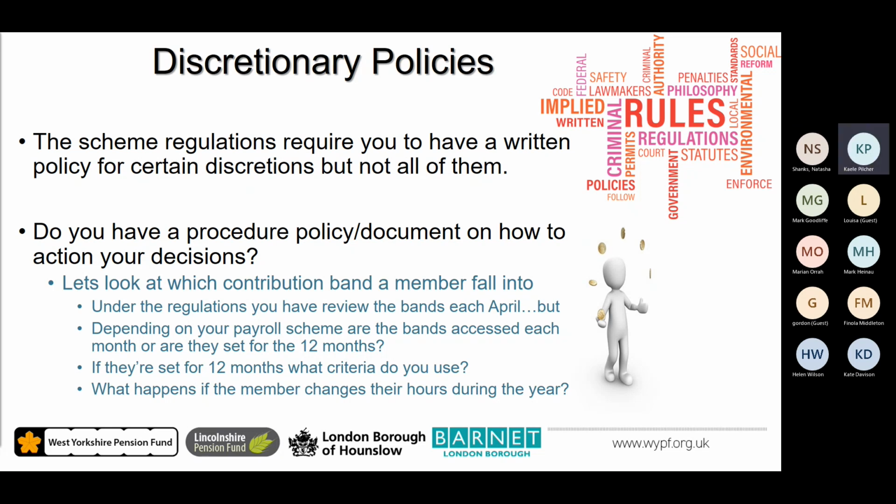So let's look at the contribution bands the members fall into. Under the regulations, you have to review everybody's banding every April. That's because the bands change in April. So you need to reassess everybody and make sure that they are in the correct band.